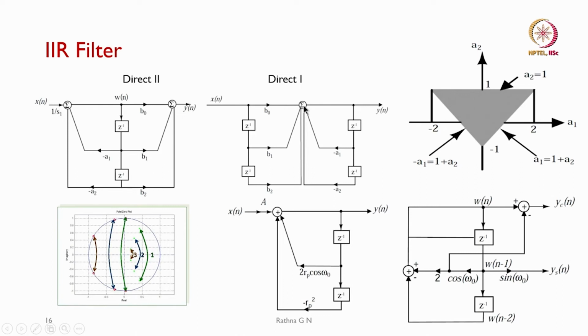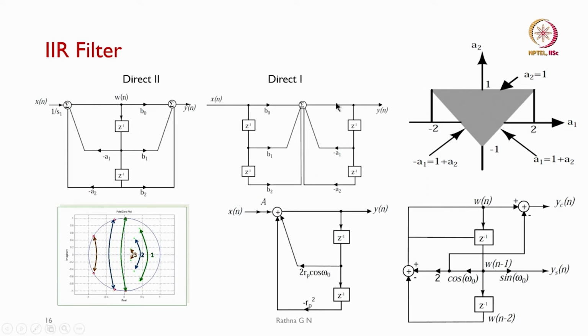Because you have only one summation unit here, it may get nullified, whereas in the direct form 2 cascade section, both negative also is getting added, and here it is the positive addition that is going to happen. So, all of us know that multiplication is not going to cause overflow, but addition can cause us overflow in this case. So, this is one of the disadvantages we have to bear with our direct 2 form.